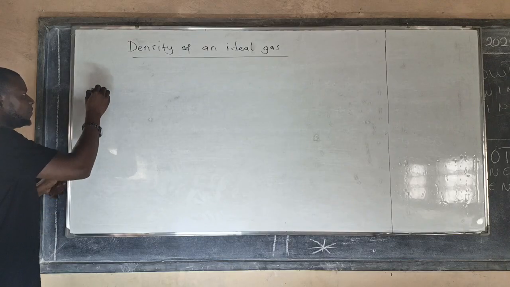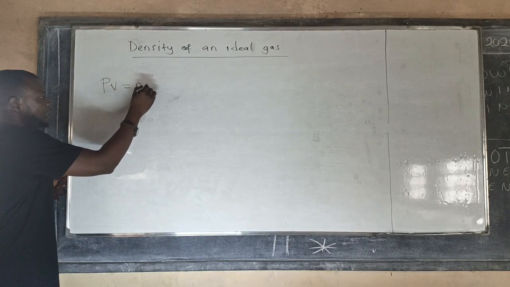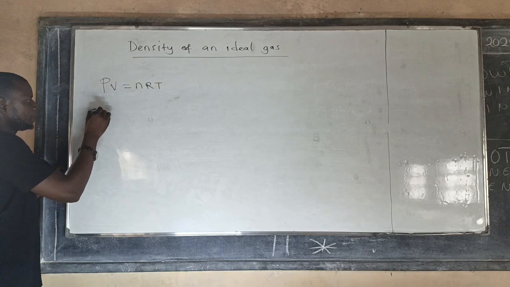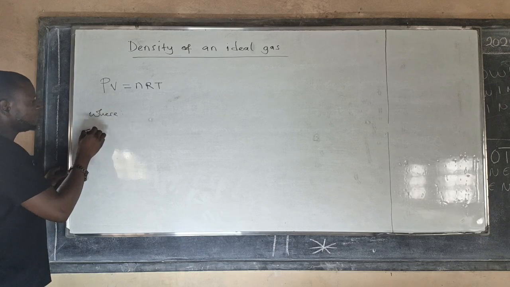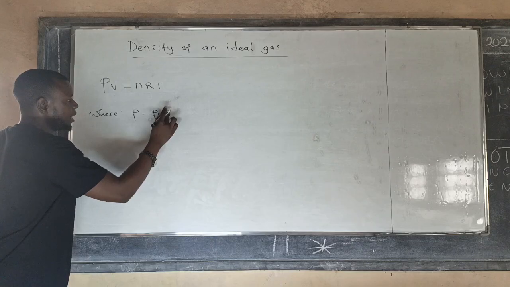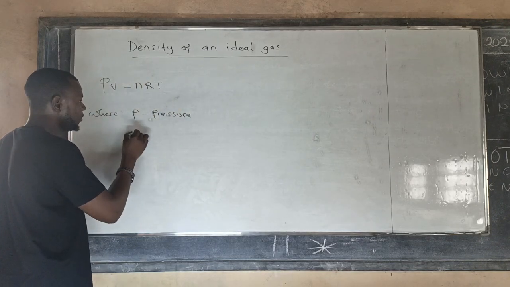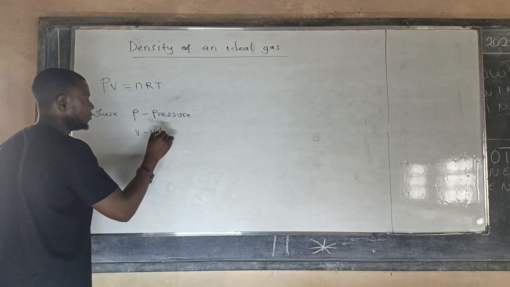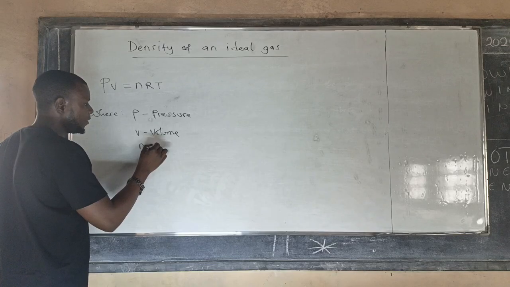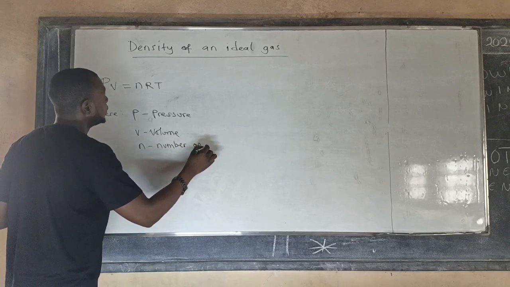This is derived from the ideal gas law equation, which is PV equals nRT, where P is pressure, this is gas pressure. V is volume. N is the number of moles.